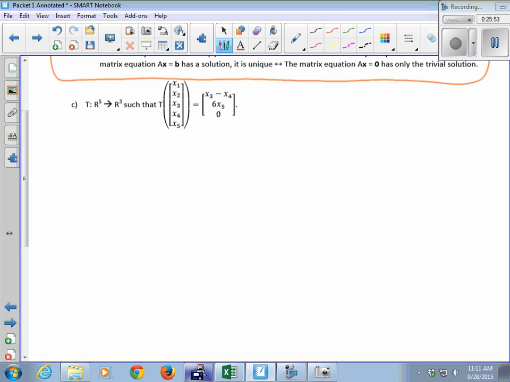I want to come up with a standard matrix and talk about whether or not this is 1-to-1 and onto. My standard matrix you get by figuring out where the columns of the identity matrix go. So what is T of 1, 0, 0, 0, 0, the first column of the 5x5 identity matrix?